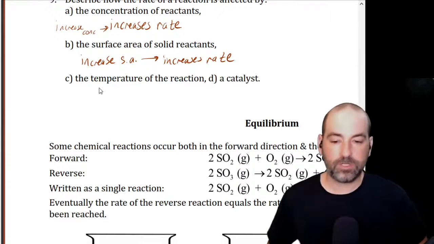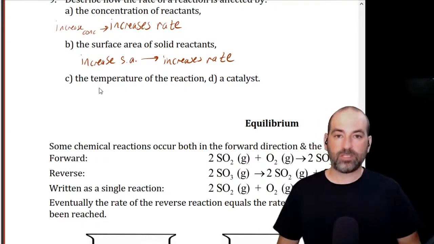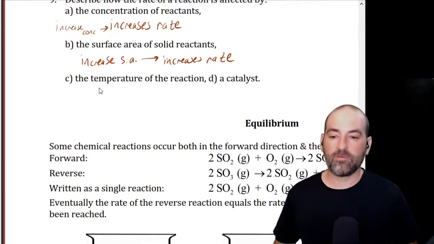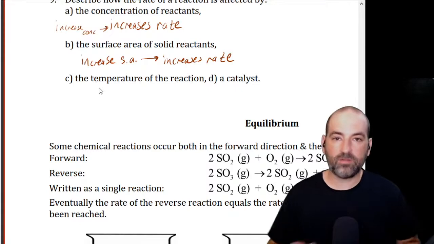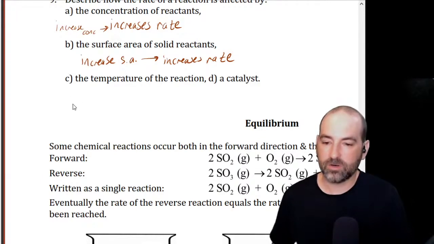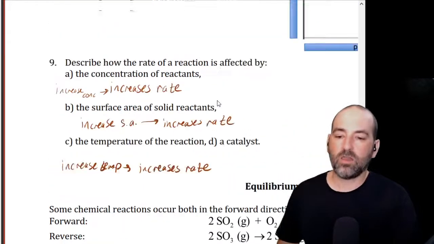If we increase the temperature, we make the atoms and molecules move faster, which has a similar effect, especially as the concentration. If they're moving faster, they're going to bump into each other more often, and that's when you have that reaction. And so that's also increasing the rate. So these all increase the rate.